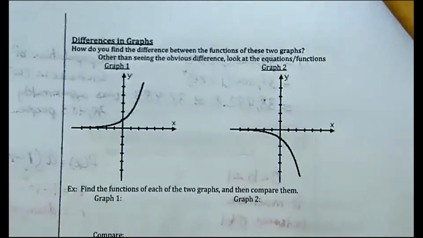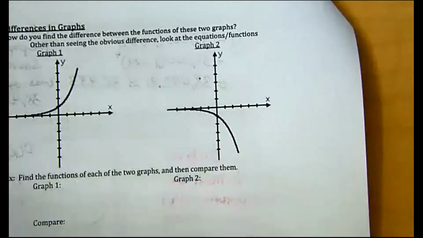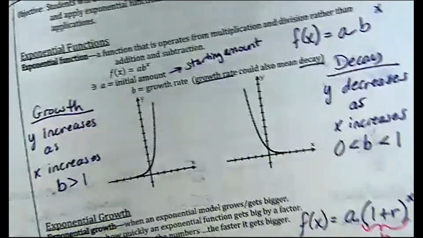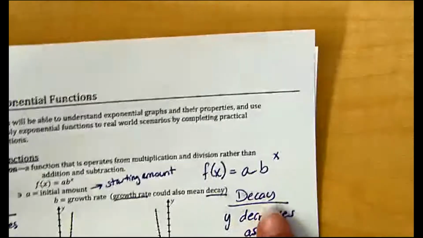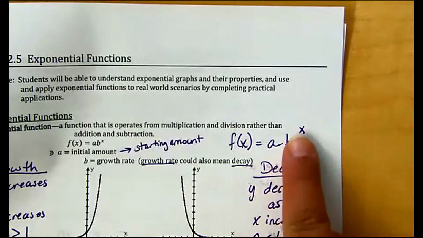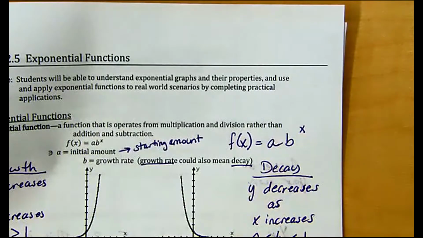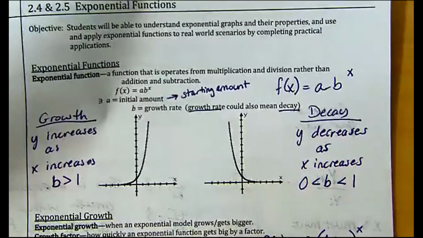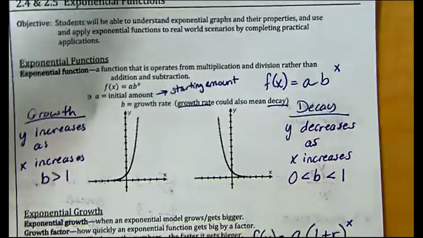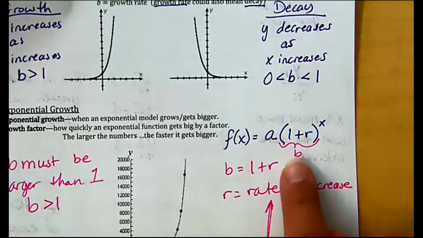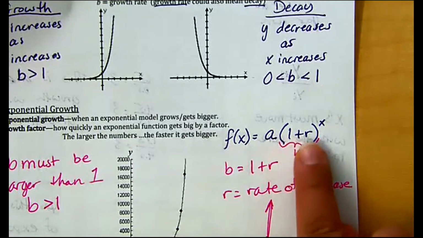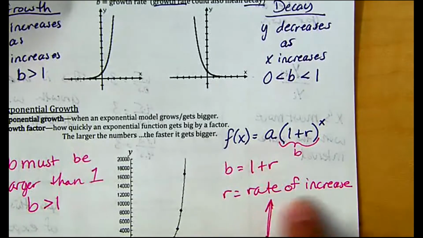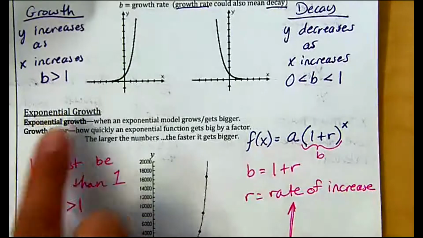Okay. So now, quick review. We do have our exponential model here of f of x is equal to a b to the x power. When we talk about exponential growth models or exponential decay models, our b is written as 1 plus r, where r is our rate of increase in a growth model, right?